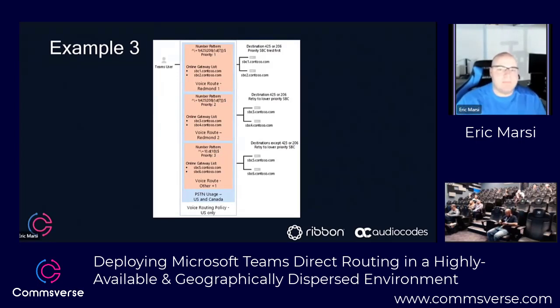Now, if the rule does not match that, we're then going to say, okay, if it's a US number that does not match the above, we're going to try SBC 5 and 6. Now, one thing that I mentioned before is that if there is a match, even if there's a different match further on in the voice routes, it is not going to match that third voice route.